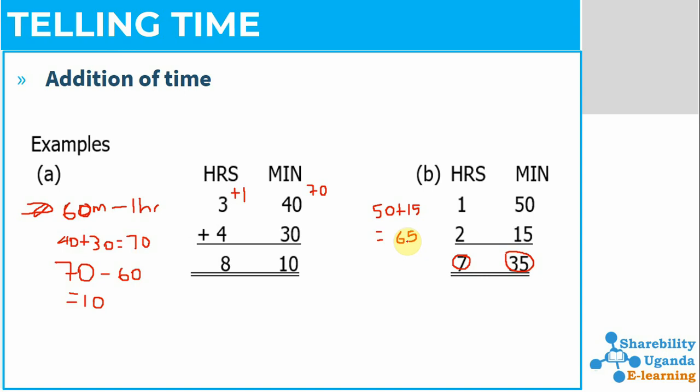So when you come up with 65, that means we have already made an hour.